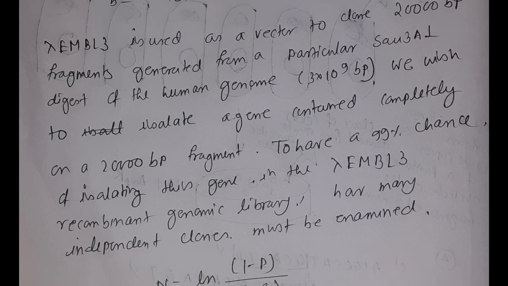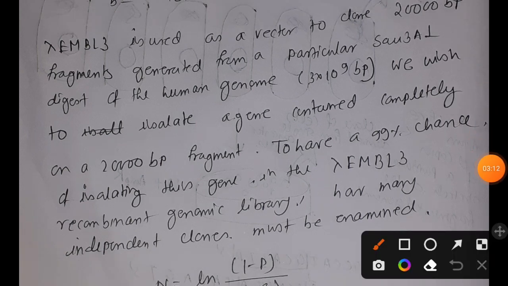So first of all, lambda EMBL3, which is a lambda vector, is used as a vector to clone 20,000 base pair fragments generated from a particular Sau3A digest of the human genome. So here they have provided the total genome size, that means here they have provided B, right?